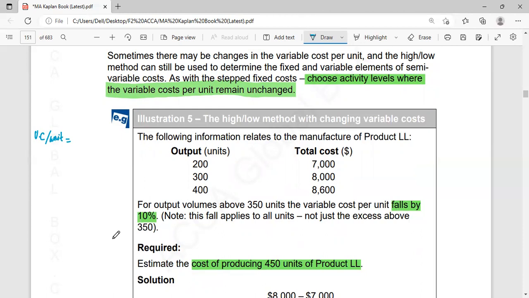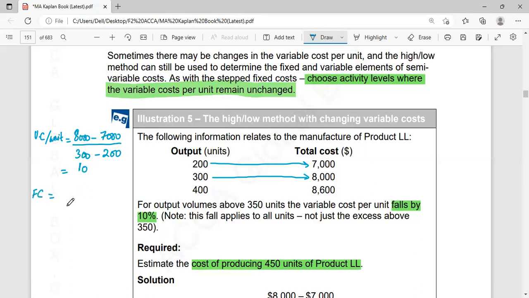So you will use the variable cost per unit formula with these cost and output levels. Cost 8,000 at 300 units, cost 7,000 at 200 units. So it will be 8,000 minus 7,000 over 300 minus 200. Can you please tell me what the variable cost is? It's 10.